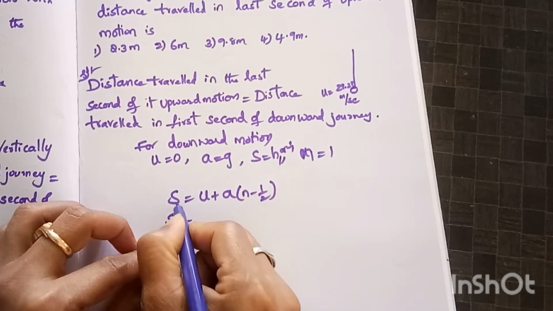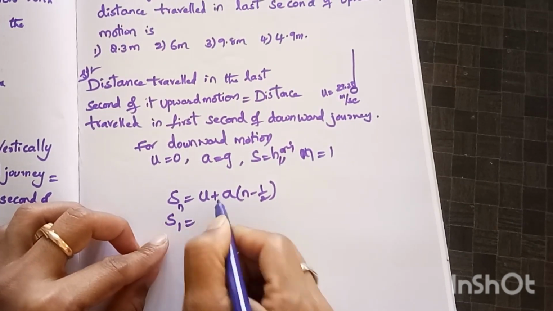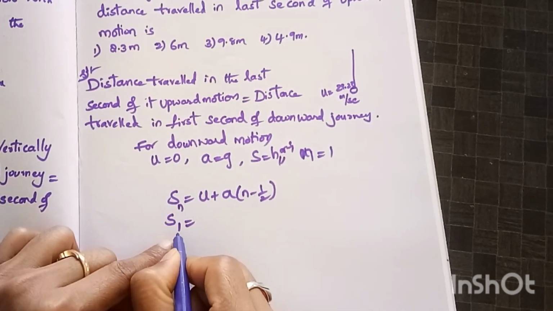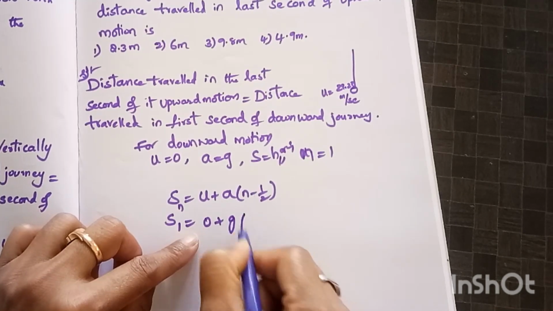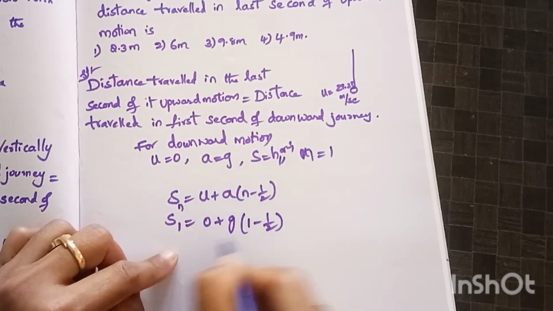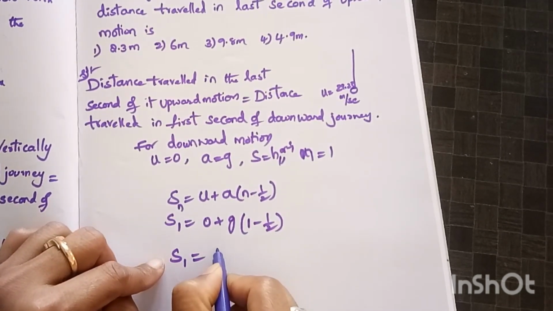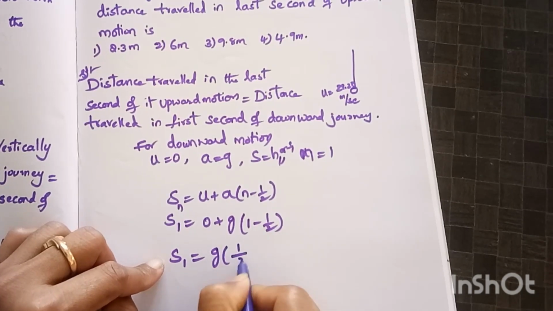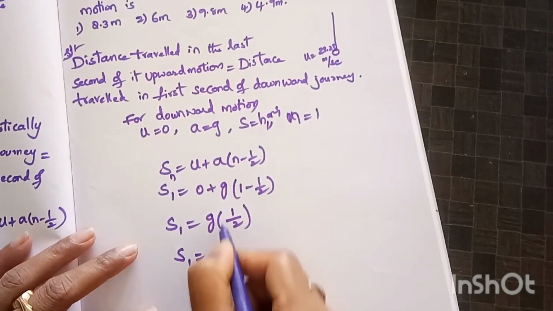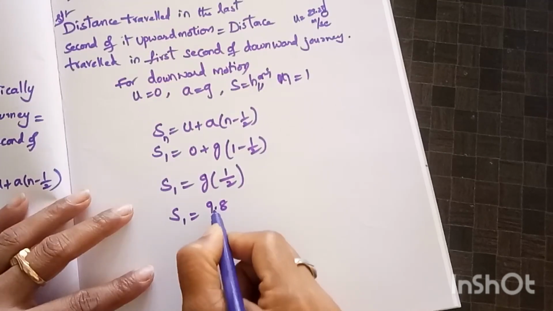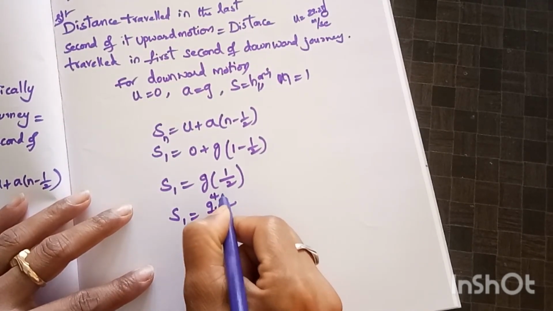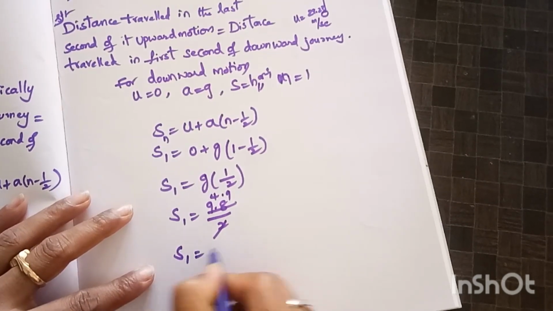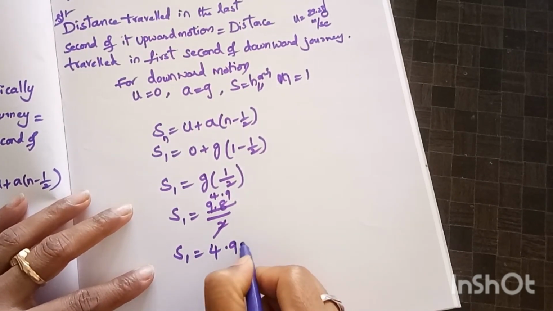S1 equals 0 plus g into (1 minus 1 by 2), which is g into 1 by 2. What is the g value? 9.8 by 2, which is 4.9. So S1 equals 4.9 meters.